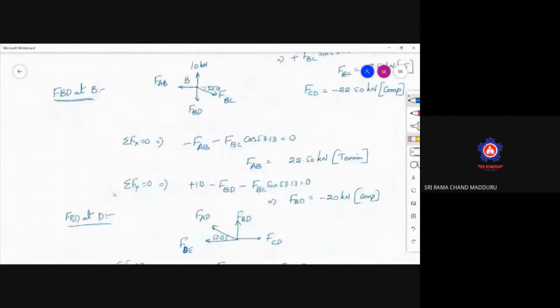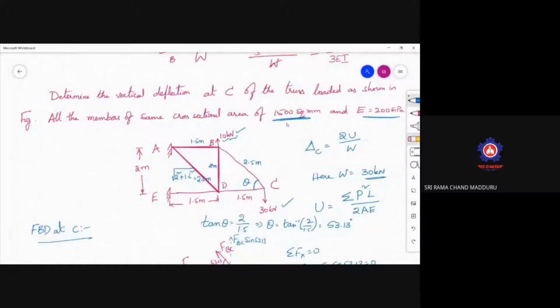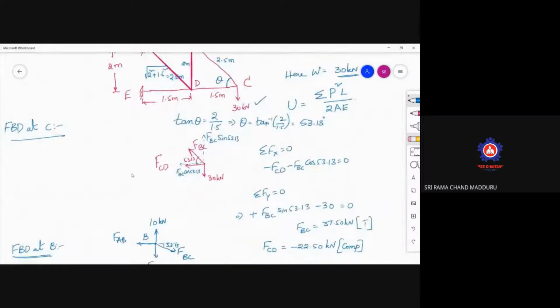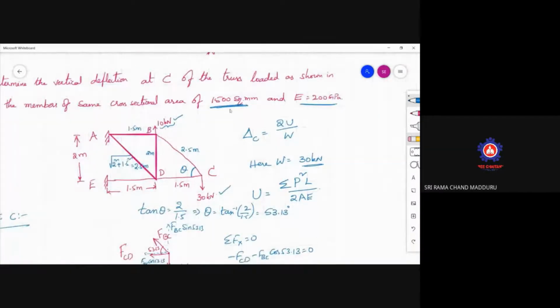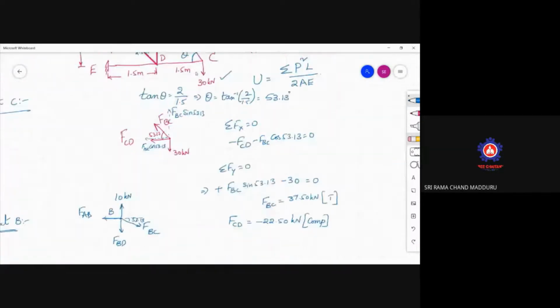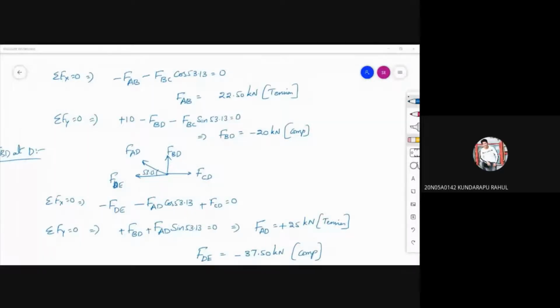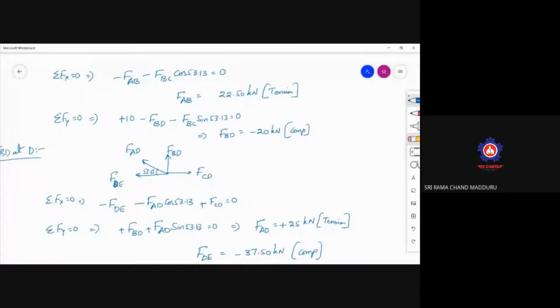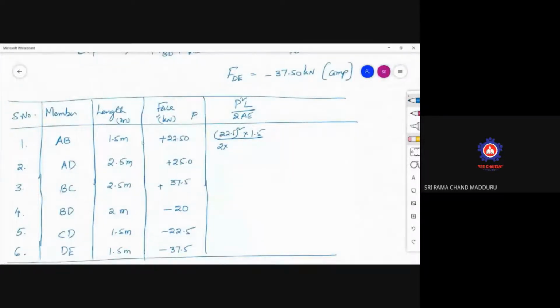What is the area of the cross section given in the problem? 1500 square mm. Yes, sir. So we have to substitute in terms of meters, because all the units are in terms of meters only.